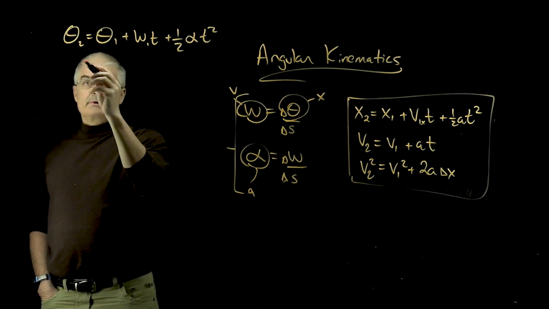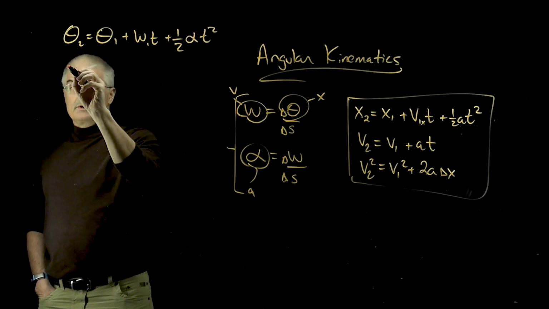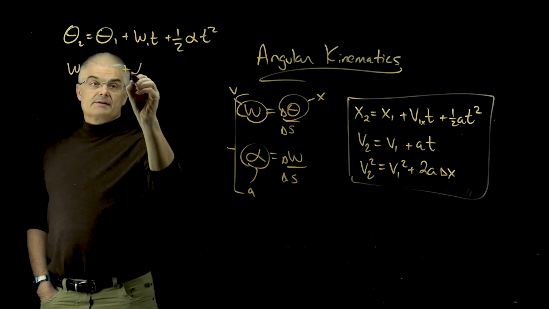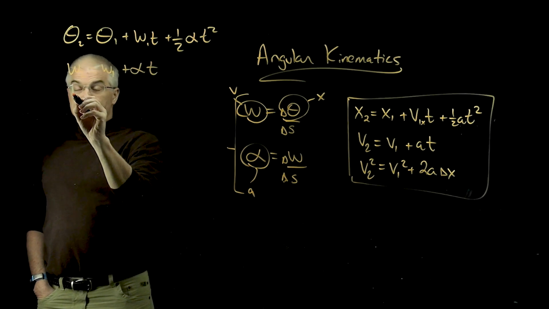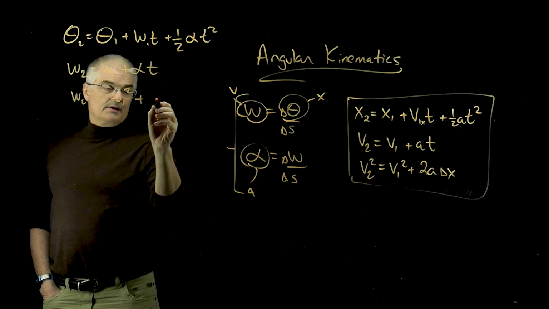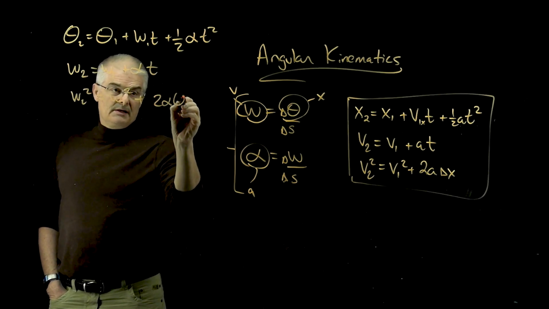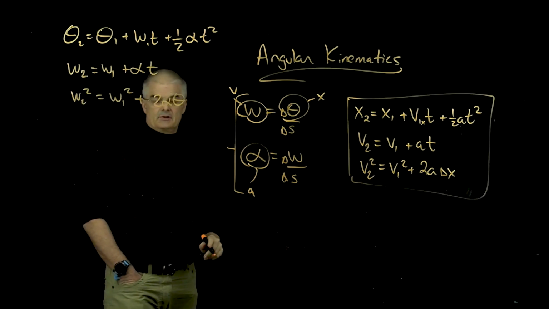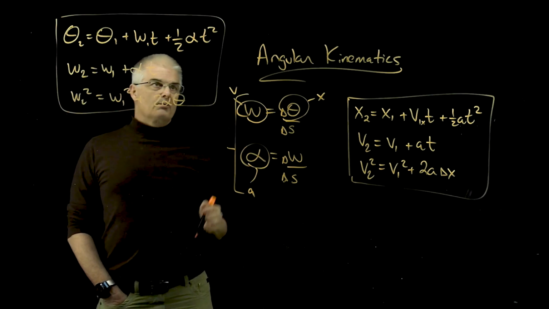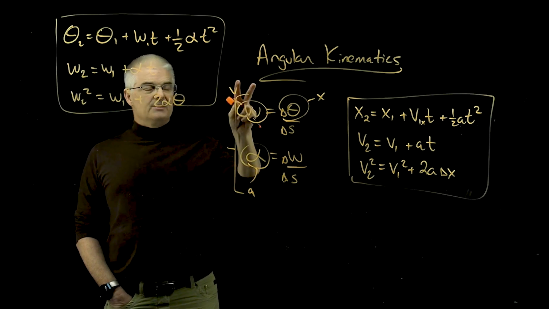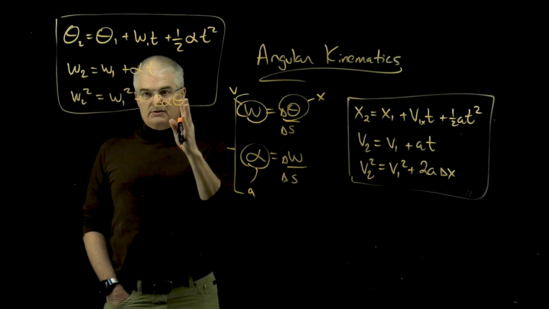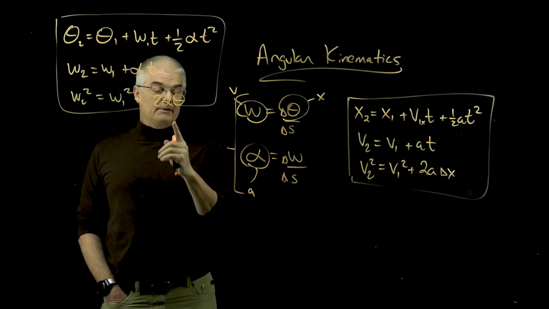So you probably can write out the rest of the equations, but just for grins, you've got w2 equals w1 plus alpha t, and w2 squared equals w1 squared plus 2 alpha theta. So these are the key three equations that we're going to use when we do angular kinematics questions. I think the best way to do this is to do an angular kinematics problem.